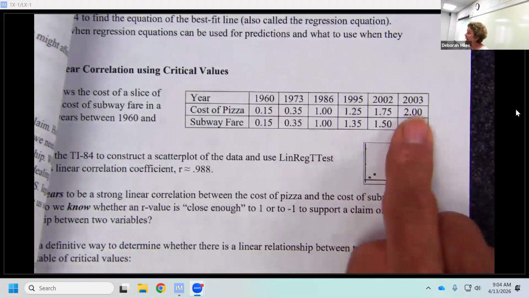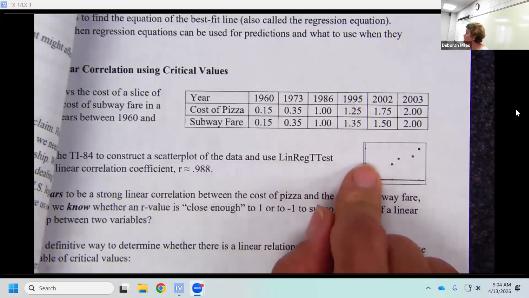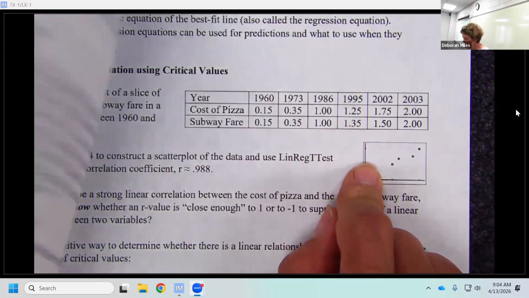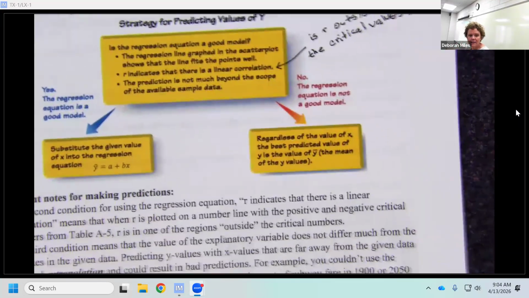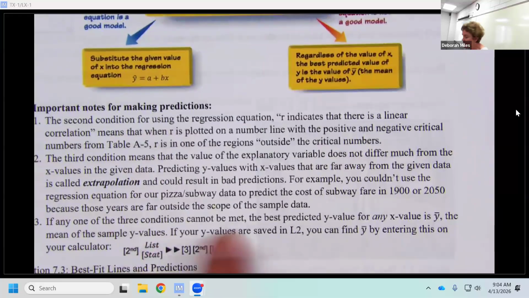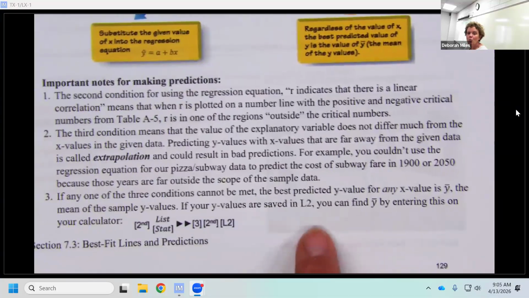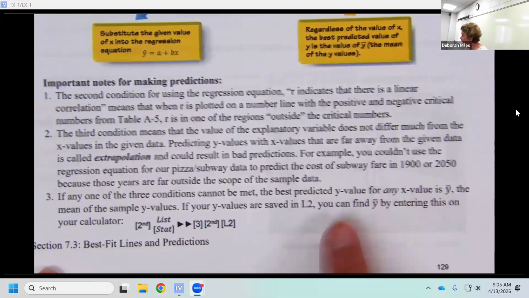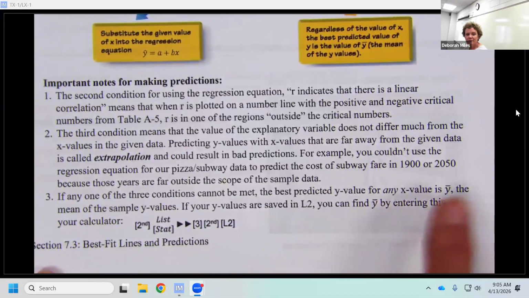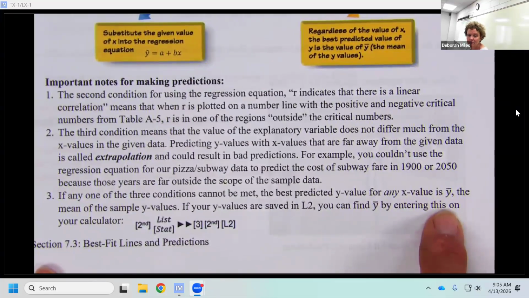That's 26 years after this data was gathered. So you wouldn't use it. And then the third thing is if any one of these three conditions is not met, then the best predicted Y value for any X is the mean of the sample Ys.